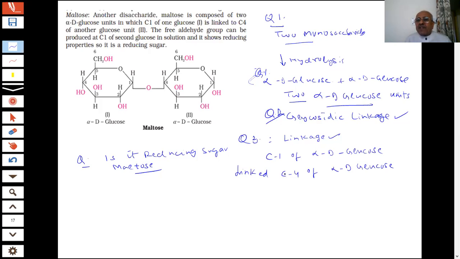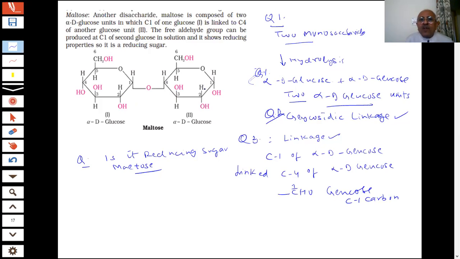So what will happen? The aldehyde group is present at which point in glucose? At position 1. The CHO group is at the C1 carbon in glucose. Therefore, in the first glucose C1 will not be free, but the linkage is at C4.